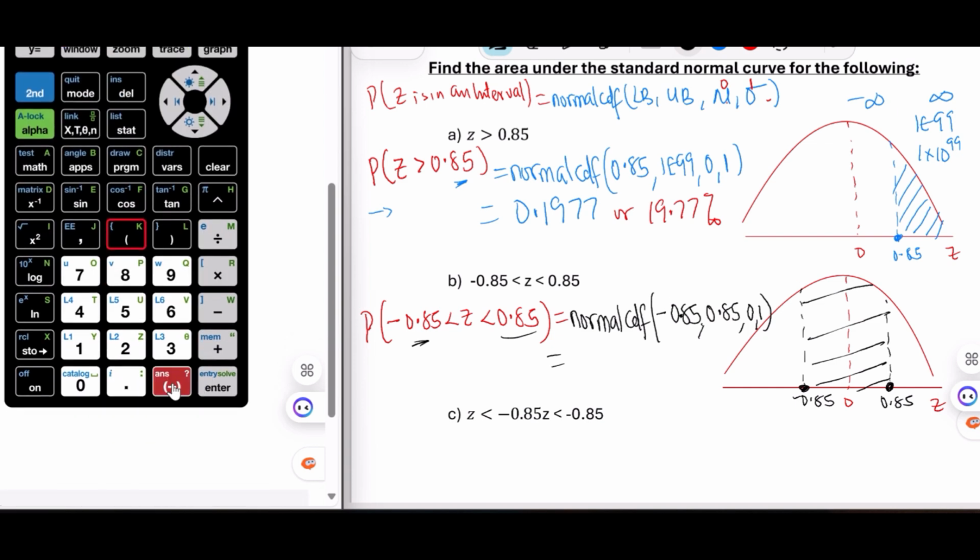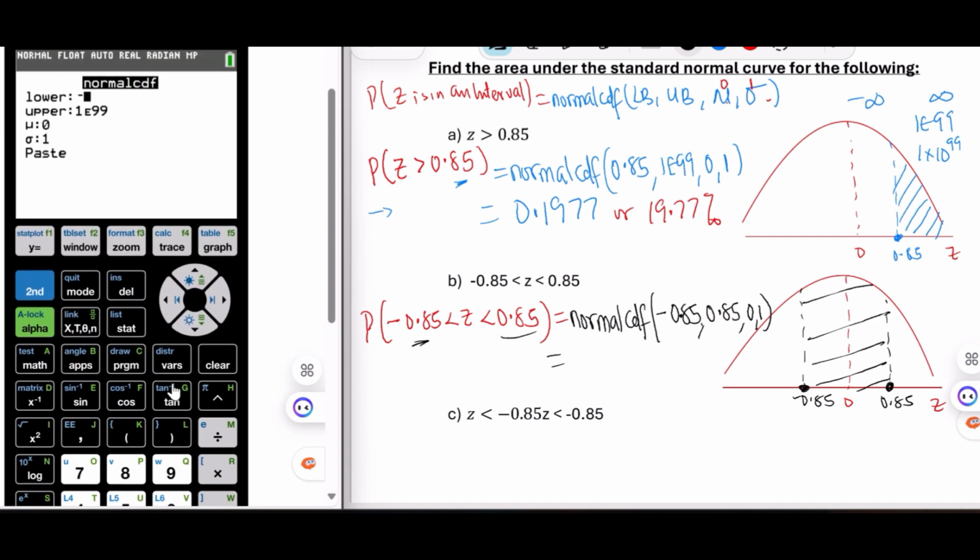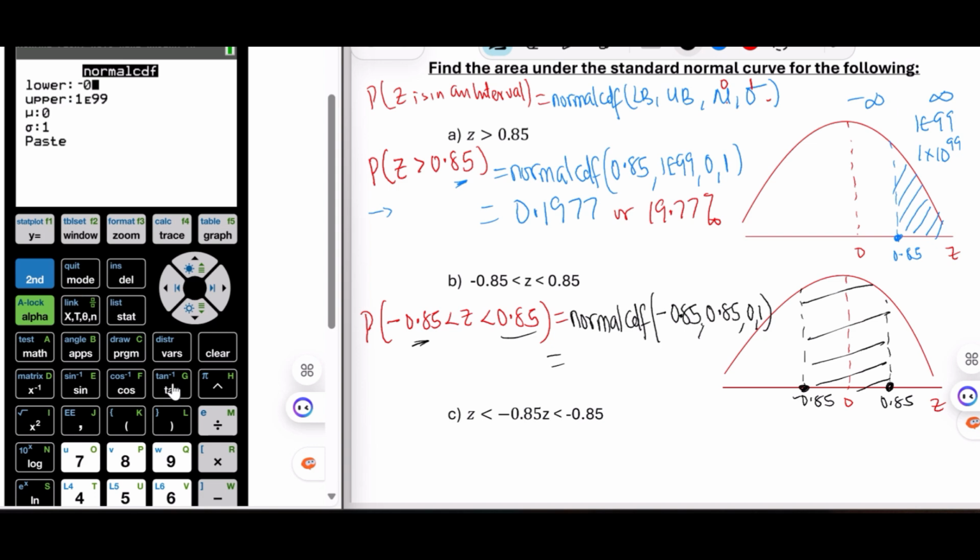Instead, we use this. So we have the negative 0.85. And for the upper bound, we have a positive 0.85. The mean will remain 0, sigma remain 1. Then you can paste. You can see the normal CDF negative 0.85, positive 0.85, 0, 1.